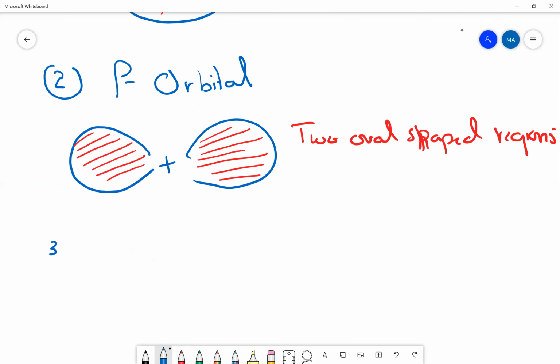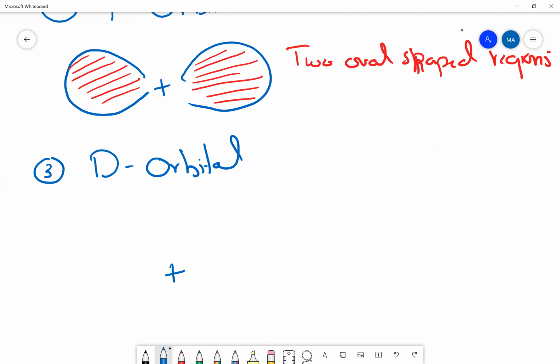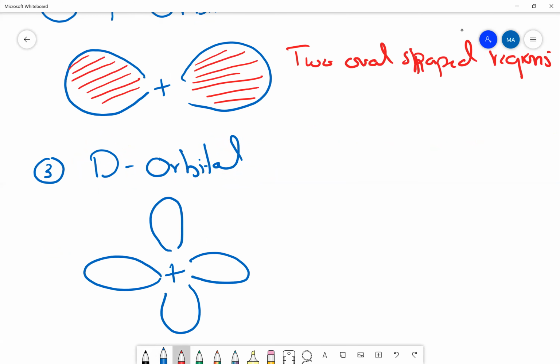And the third type of orbital is a d orbital. The shape of a d orbital is four ovals: 1, 2, 3, and 4. All of these four ovals have the probability of an electron being there. So you can find an electron in either of these four oval shaped regions.